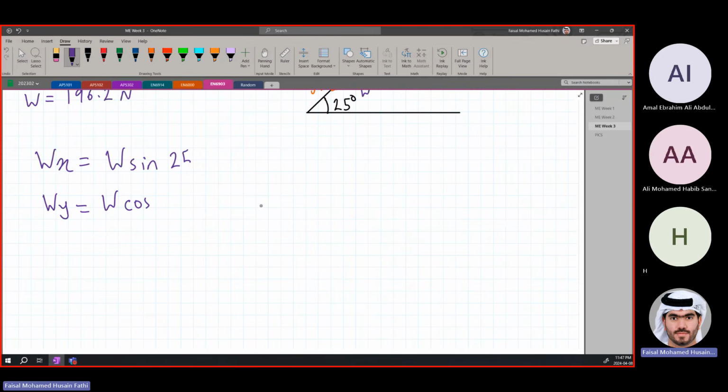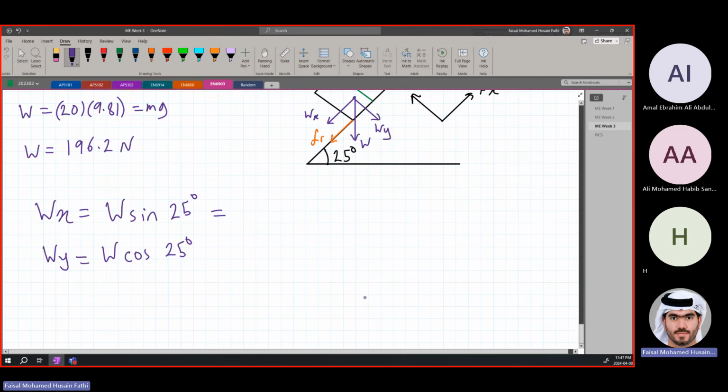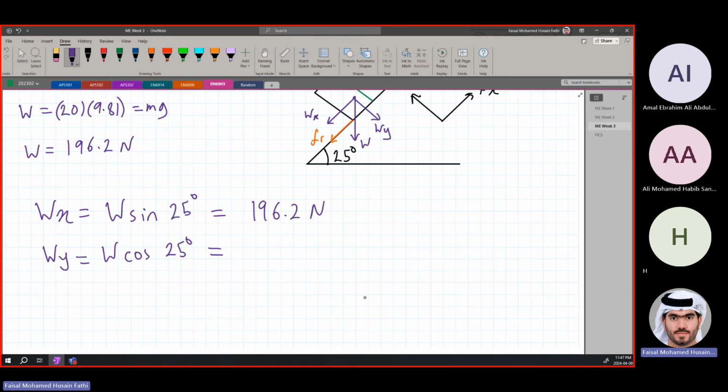The angle here is 25 degrees. W is 196.2 newtons, and this is 196.2 newtons as well. But this is sine 25 degrees, and this is cosine 25 degrees. So we're going to find the value for each.